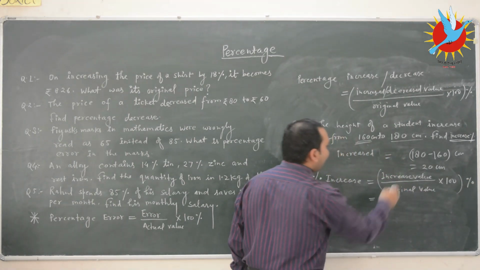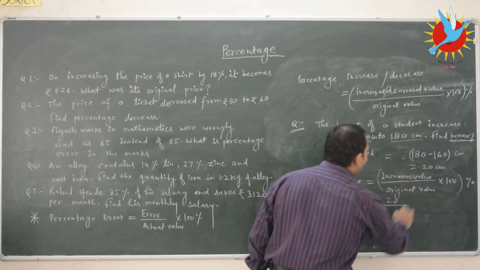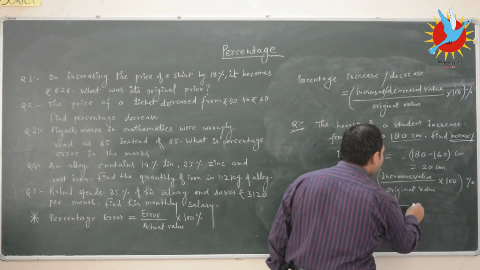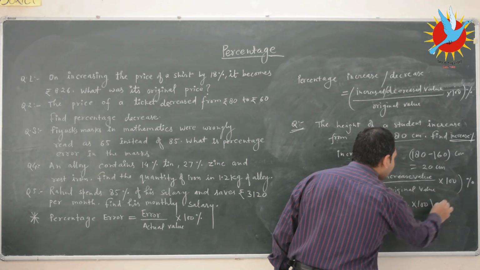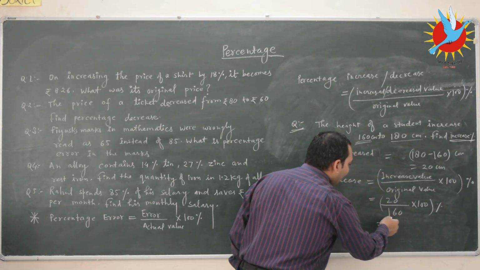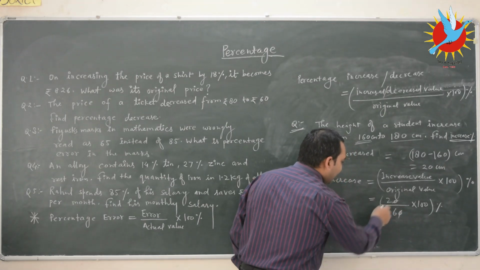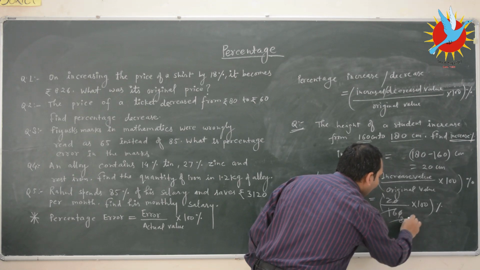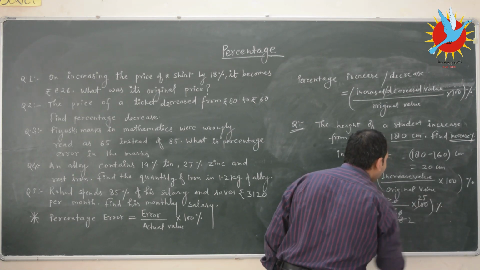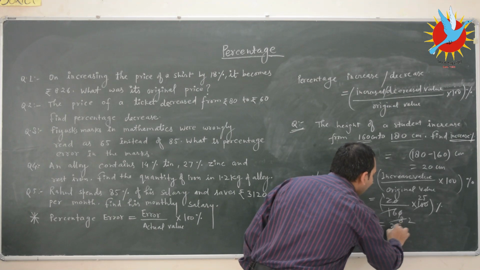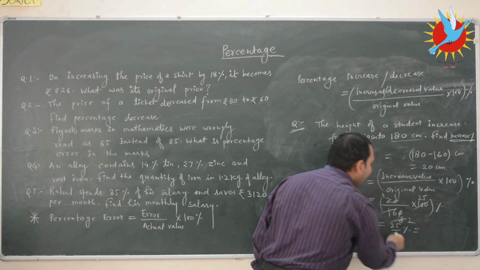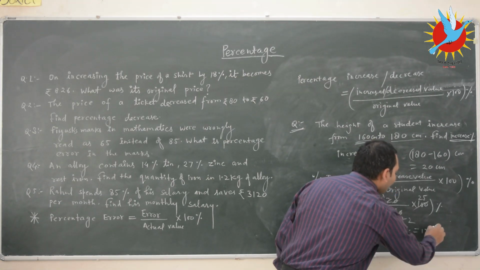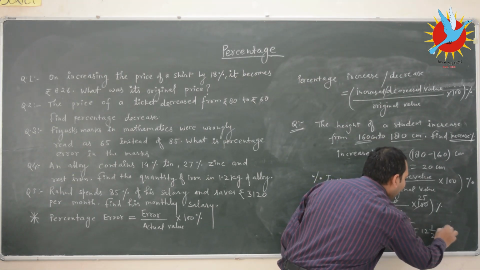The increase value is 20 and the original value is 160, multiplied by 100%. Cancelling, we get 100 upon 8, which is 25 upon 2%, or in mixed fraction 12 whole 1 upon 2%.